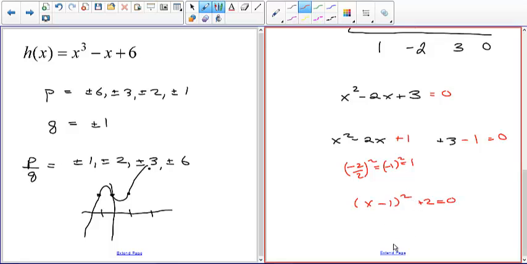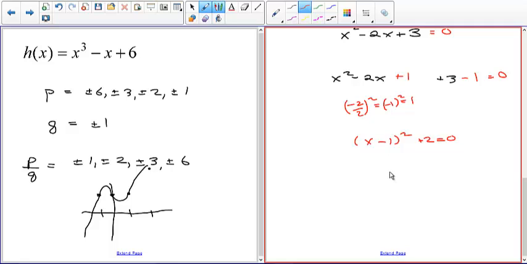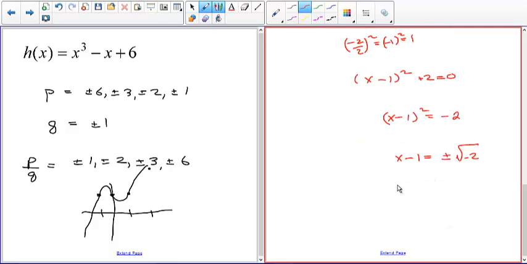So that becomes x minus 1 quantity squared plus 2 equals 0. So we get x minus 1 squared equals negative 2. Take the square root: x minus 1 equals plus or minus the square root of negative 2. The square root of negative 2 is the square root of 2 times i, since the square root of negative 1 is i. Then we add 1 to both sides, so x equals 1 plus or minus the square root of 2 i.